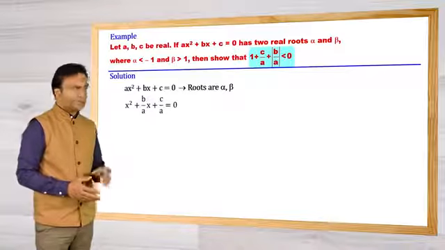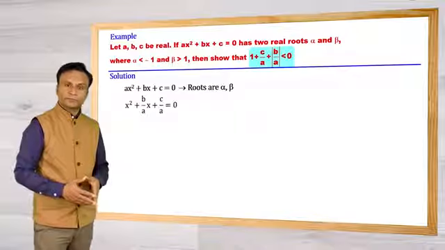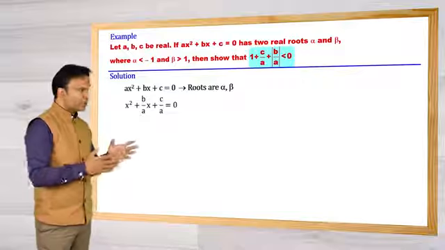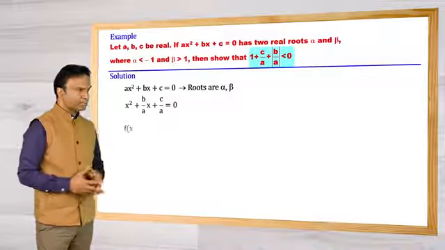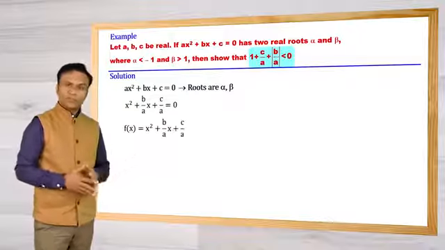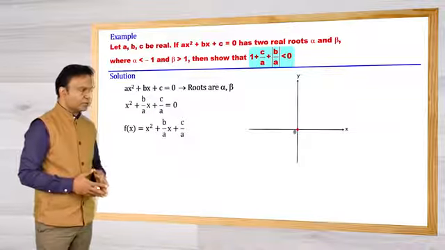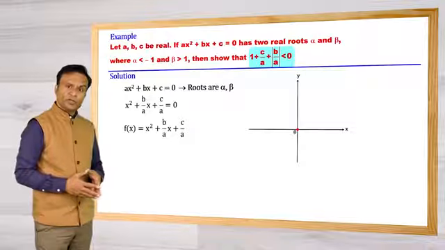I modified the equation from the condition which I have to prove. So the corresponding quadratic function is this. Let's draw the graph of this function. Again, start with the coefficient of x square. So the graph is concave upward.